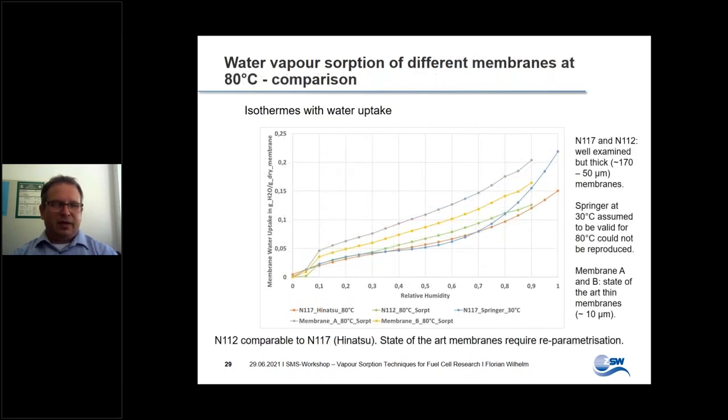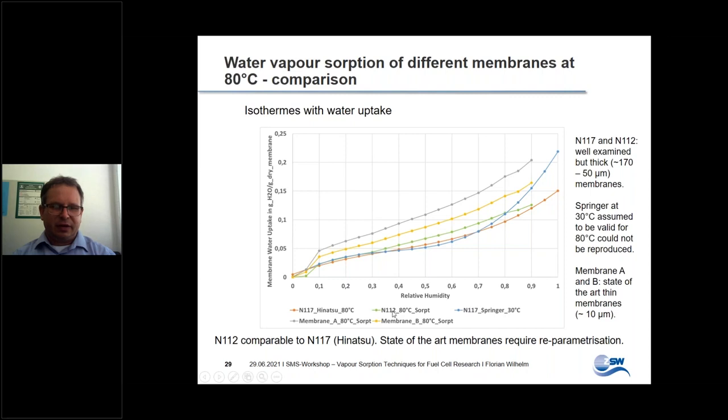Okay, so this gives you an overview of the isotherms measured and also from literature. So in red, you can see the Nafion 117 as measured by Hinatsu and colleagues at 80 degrees Celsius. In blue, the same curve from the Springer paper at 30 degrees Celsius.